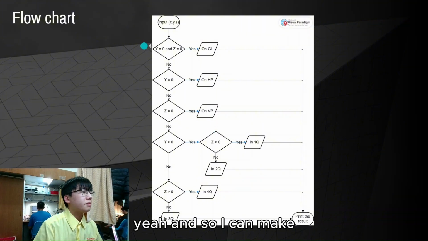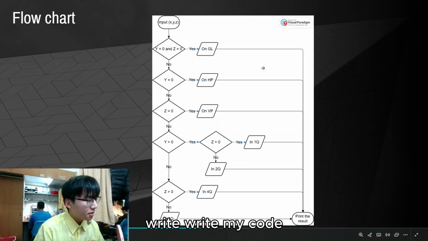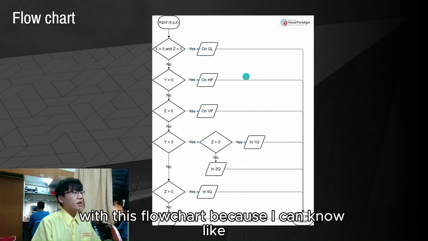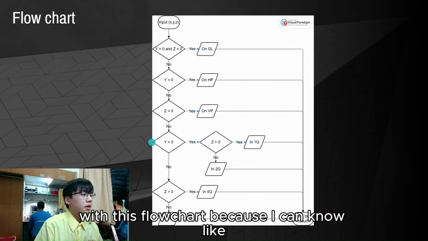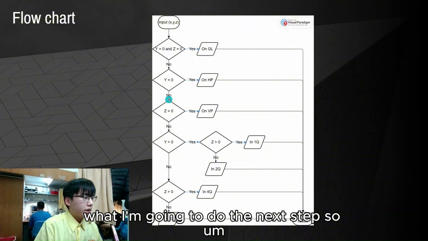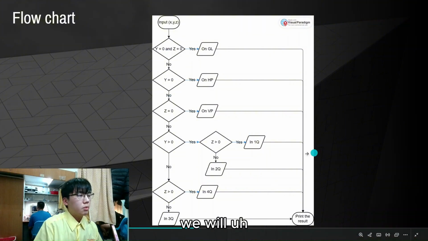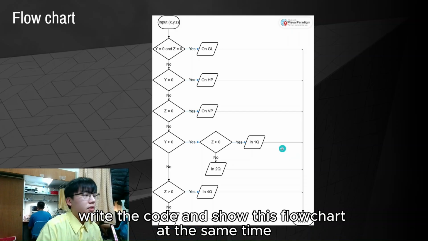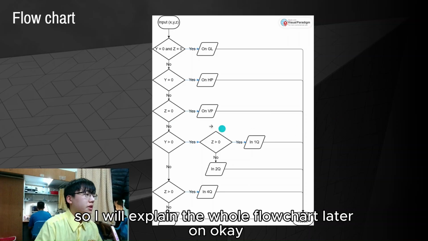I can write my code with this flow chart, because I can know what decision I have to make and what I'm going to do in the next step. So we will write the code and show this flowchart at the same time, and I will explain the whole flowchart later on.